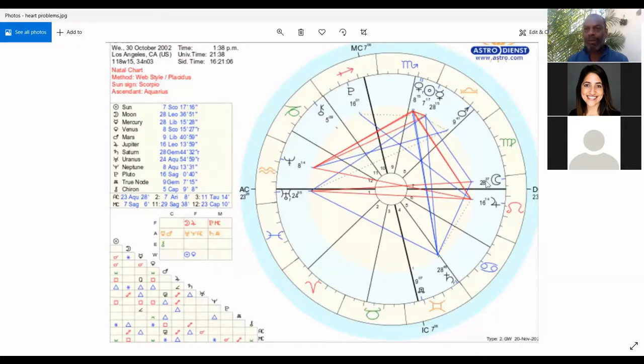First house is life. The sixth house is infirmities and illnesses. So Cancer is on the cusp of the sixth house. That makes the moon the ruler of the sixth. The moon is in Leo, which rules the heart.